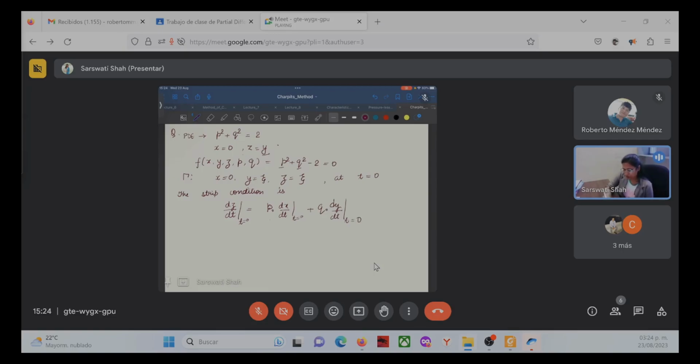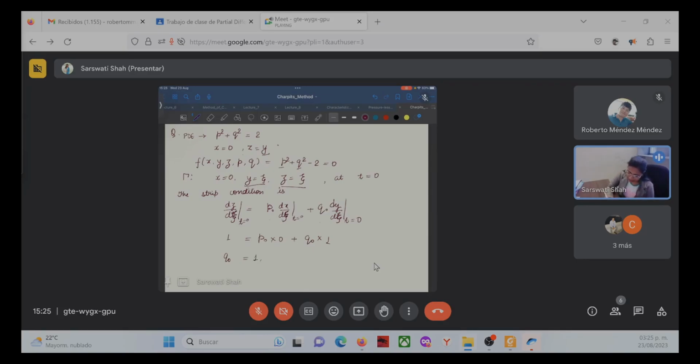So del z over del x dx over dt plus del z over del y dy over dt. So dz over dt, sorry, this will be 1. So this is p naught into 0 plus q naught into 1, that is q naught equals 1. If I am wrong somewhere, then please knock me.